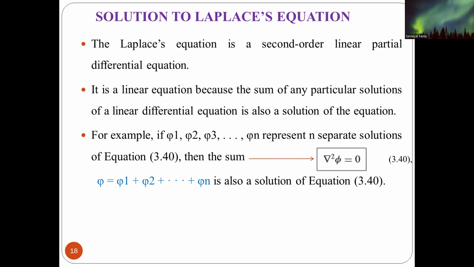It is linear because the sum of any particular solutions is also a solution of the equation, since we are just superimposing particular solutions. For instance, if phi 1, phi 2, phi 3, up to phi n represent n separate solutions of equation 340 for the velocity potential, then the sum phi equals phi 1 plus phi 2 plus up to phi n is also a solution for the velocity potential. That is the meaning.